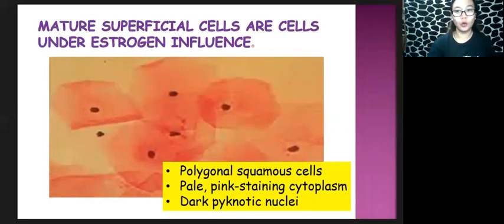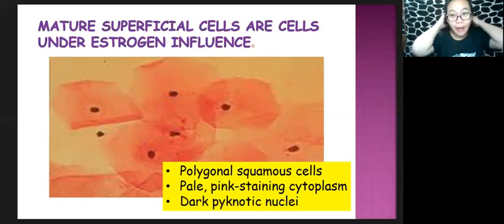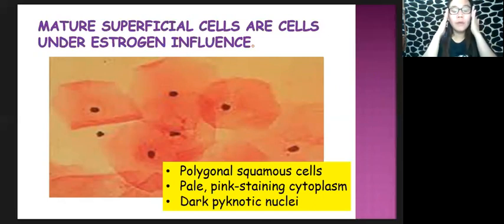So how would we know that the female has a lot of estrogen? You should be able to see acidophilic mature superficial cells. In particular, other characteristics of your mature superficial cells: they are basically your polygonal squamous epithelial cells.